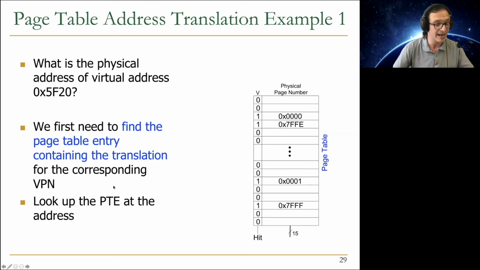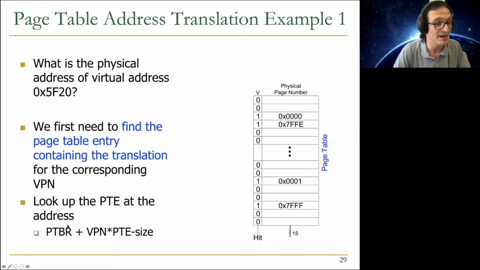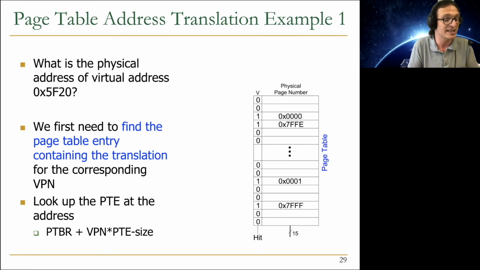And how does the hardware calculate that address? It basically takes the page table base register, which gives you the base address of the page table. It adds to it the virtual page number times the size of a PTE, page table entry. And that's the memory address of the page table entry that houses the translation for the virtual address that has that virtual page number, right? That's the idea basically. And the hardware needs to generate a memory access to do the translation, as you can see. So there's going to be overhead for us because remember, we said indirection.